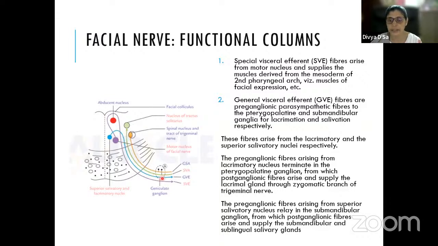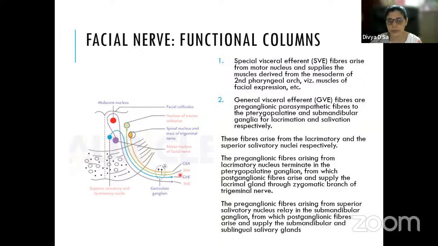After that, the postganglionic fibers will begin in the pterygopalatine ganglion, and they will be supplying mainly the lacrimal gland through the zygomatic branch of the trigeminal nerve.